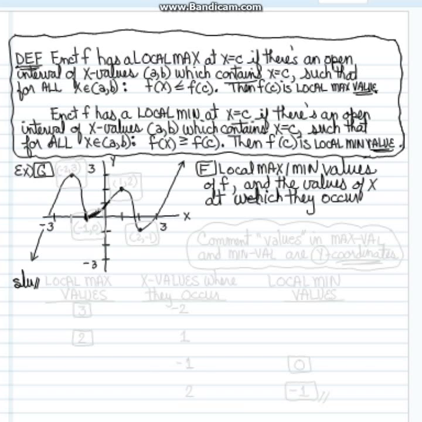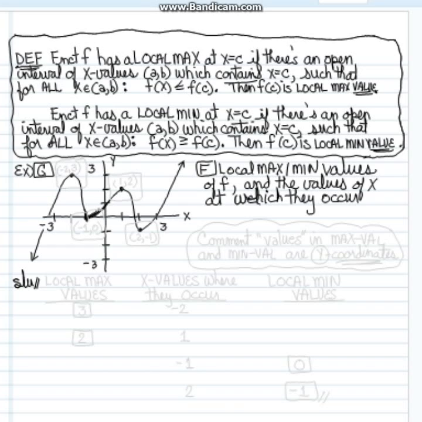On the other hand, if you find a point that's pretty low and you can draw a little neighborhood of x values on both sides, and that y value is the lowest y value for any other point in that little neighborhood, that means you have a local min value for that y.